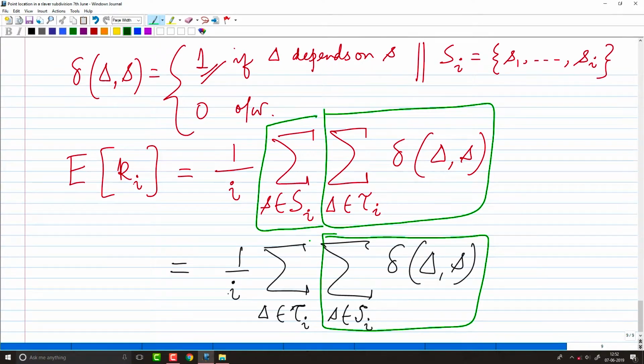What is this quantity? This should be what? This green marked thing. What it is saying? Look at a trapezoid, and I am looking at the dependency of this trapezoid with line segments.